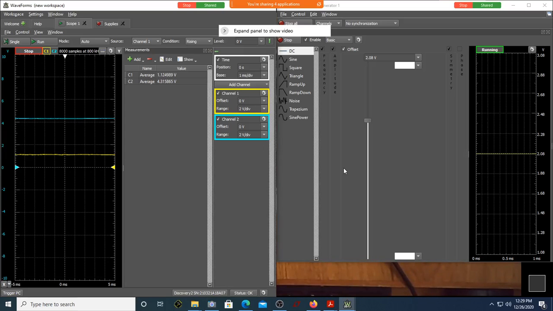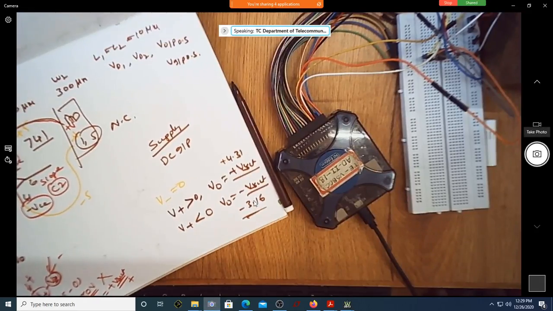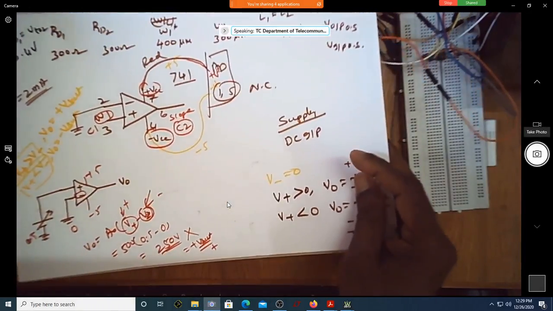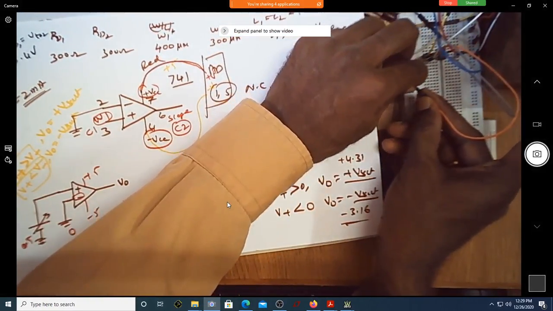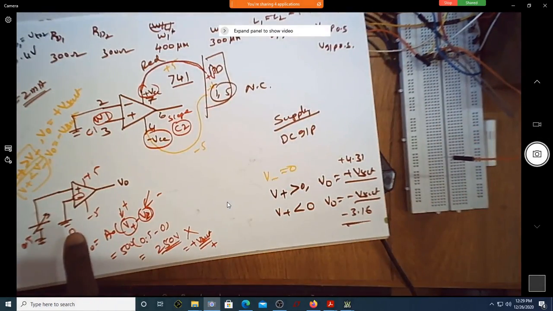This is done. Now, instead of making it 0, shall we use some other voltage at the inverting terminal? Meaning, I'll go back to this circuit. This has got removed. I will not ground this.